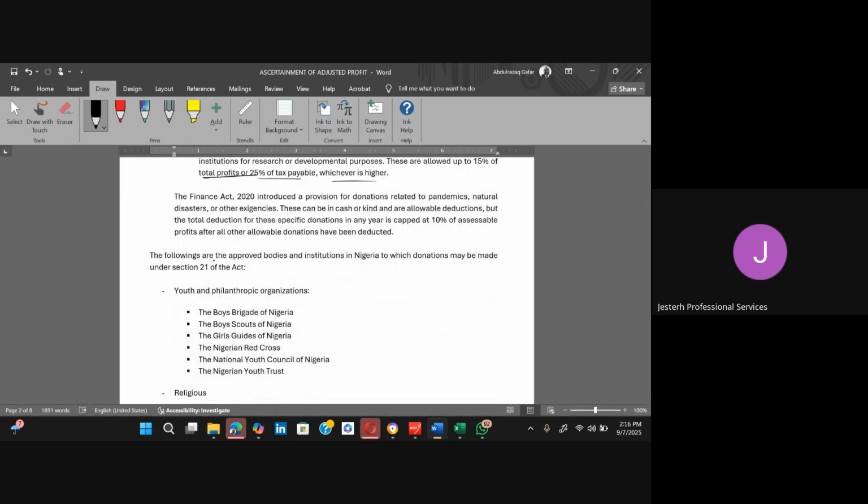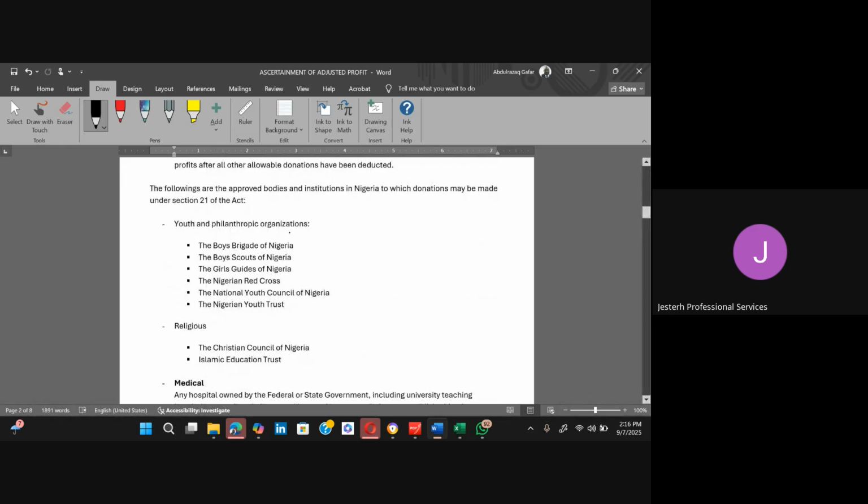So the following are the approved bodies and institutions in Nigeria to which donations may be made under Section 21. We have youth and philanthropic organizations: Boys Brigade, Boy Scouts, Girls Guide, Nigerian Red Cross, National Youth Council of Nigeria, and the Nigerian Youth Trusts.